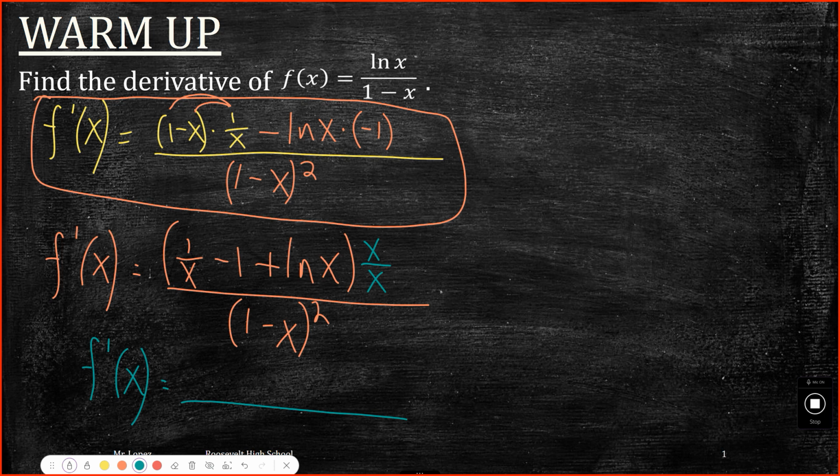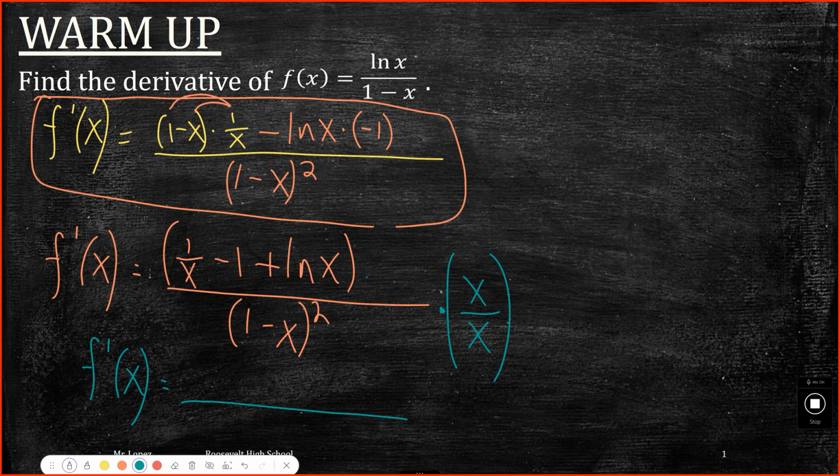What is this? Not there, but the whole thing. Let me erase it. The whole thing, not just that, but the whole thing. X over x. Then this is going to go like this.